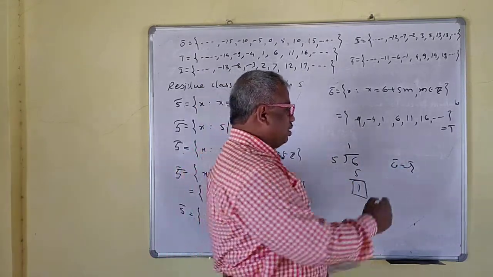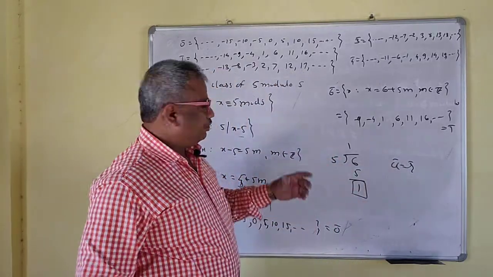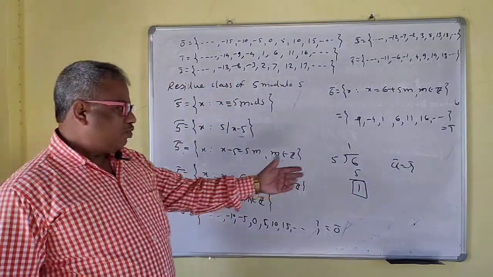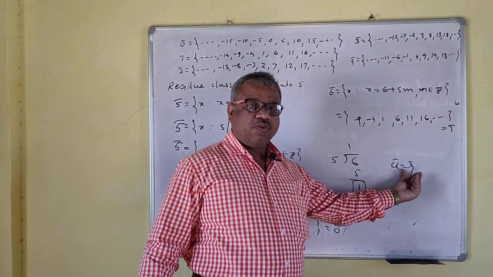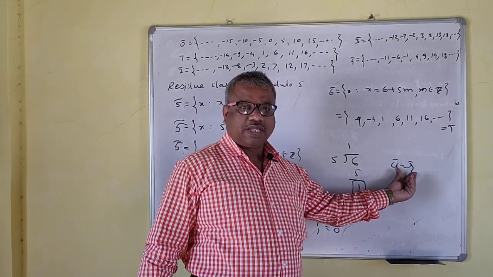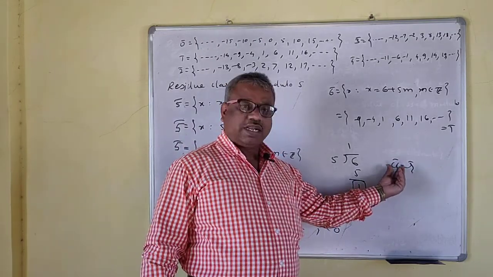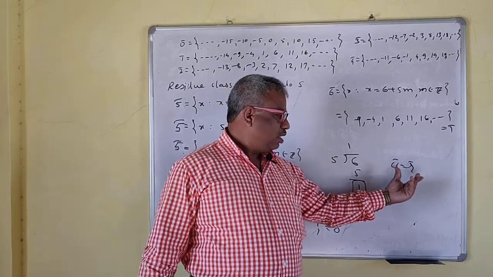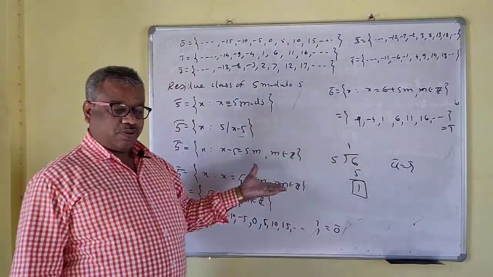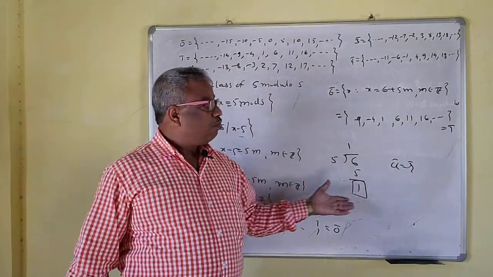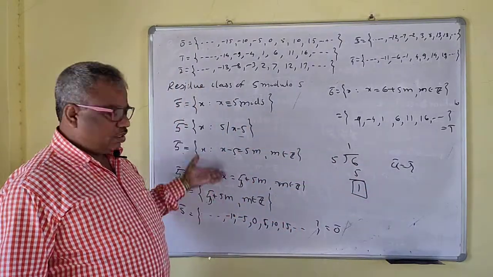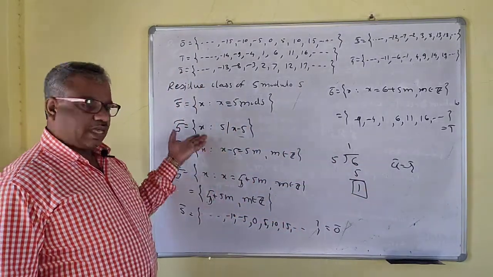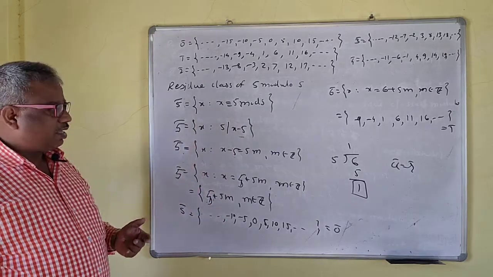So this is the purpose of doing this problem, so that you will understand how we get a bar is same as r bar. We have seen that a bar is same as r bar theoretically, and here we have seen it is true by solving this example. So you will say that a bar is same as r bar.